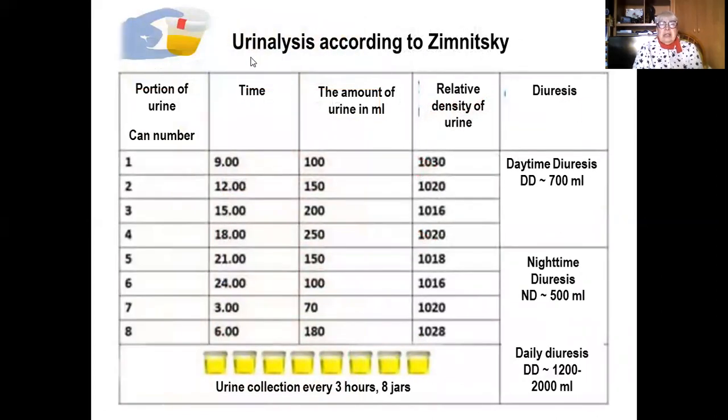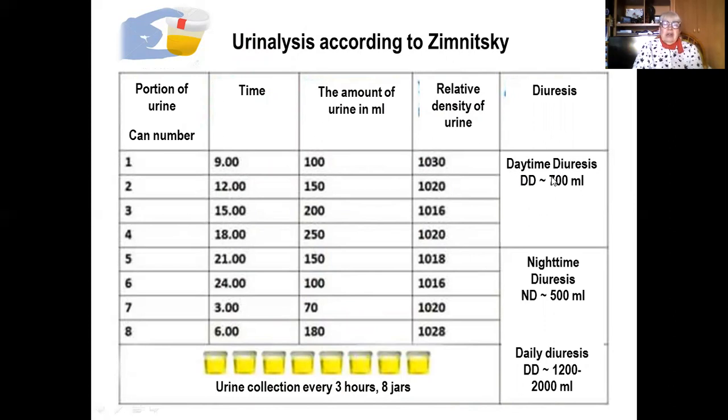Next test, according to Zimnitsky, a functional test, and we will collect urine every 3 hours, 8 times per day. You see here the time of urination and the amount of urine at this time have to be recorded, and you have to identify the relative density of the urine in all these portions, and you have to calculate daytime diuresis.